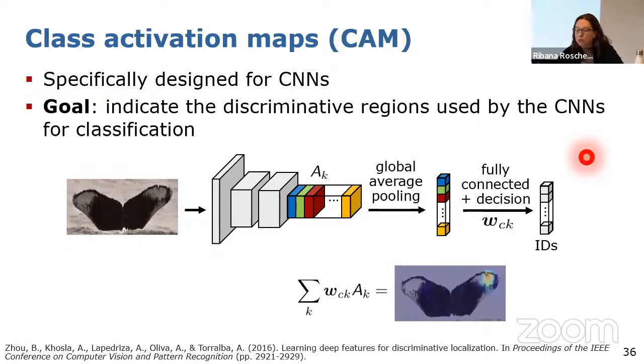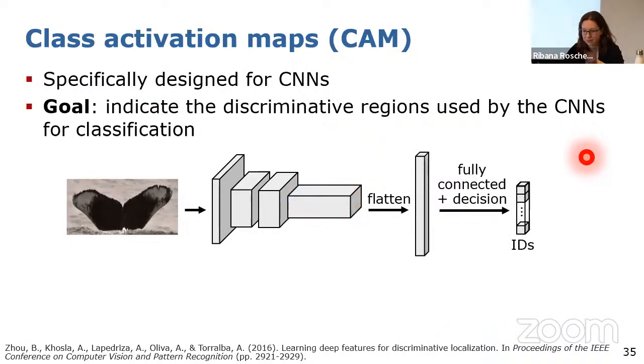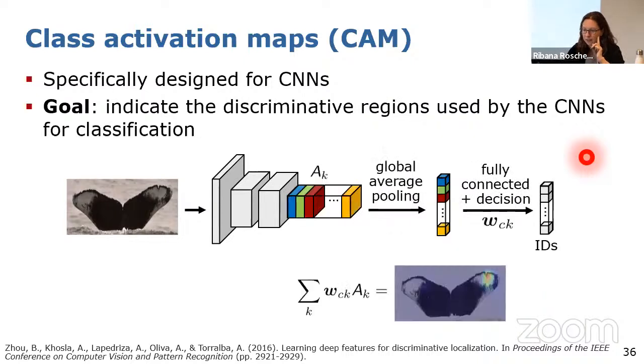When we want to compute class activation maps, keep this in mind here, we replace the fully connected layer, which was here, with the so-called global average pooling layer, which you can also find in a lot of neural networks nowadays. Global average pooling averages the activations of each activation map and concatenates these averages and outputs them as a vector.